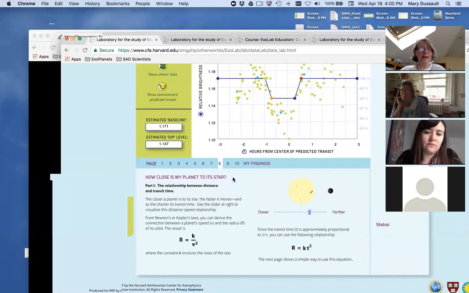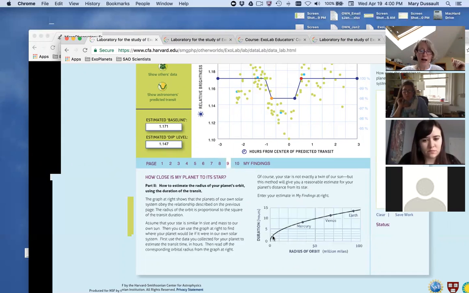Now, depending on the level of your students, you could either assume a sun-like star and actually do the calculations based on the orbit, or Roy's provided on page 9 this little graph so that you can do a qualitative comparison to our own solar system.